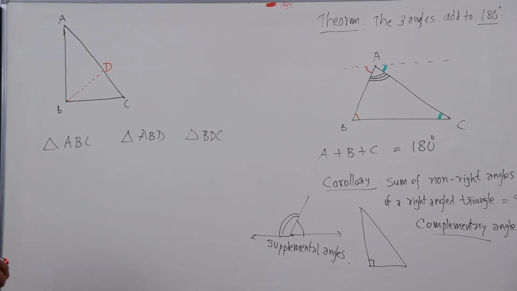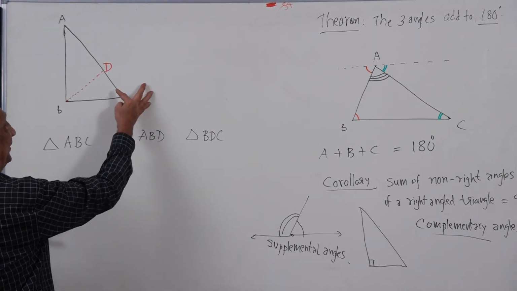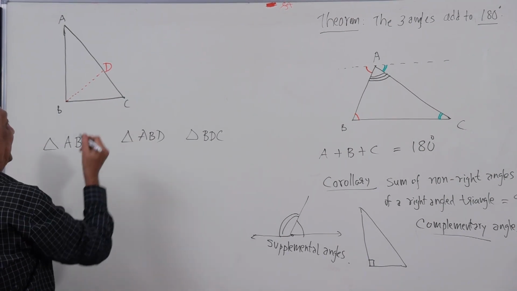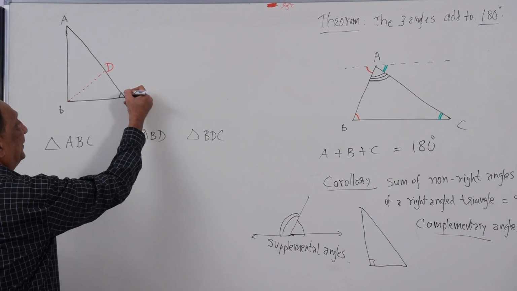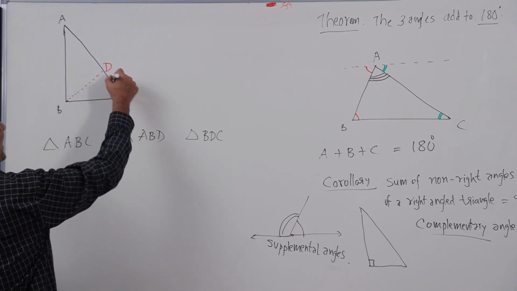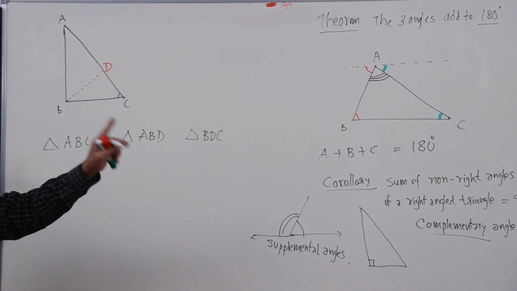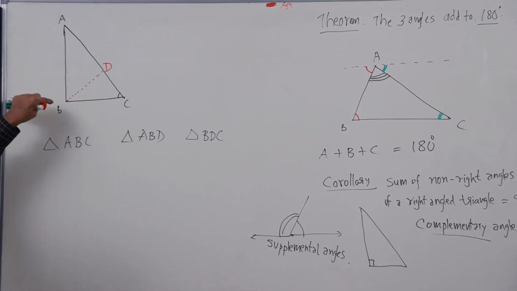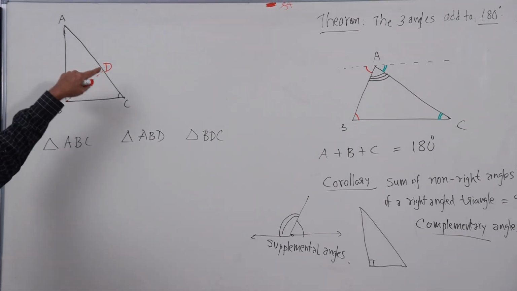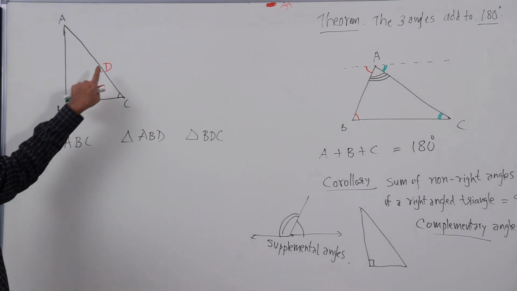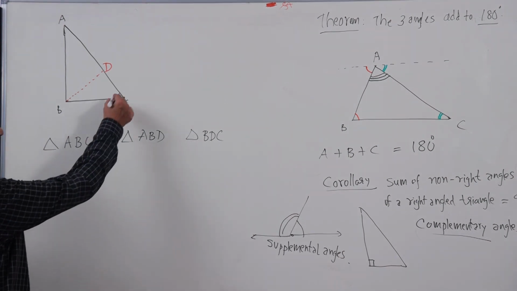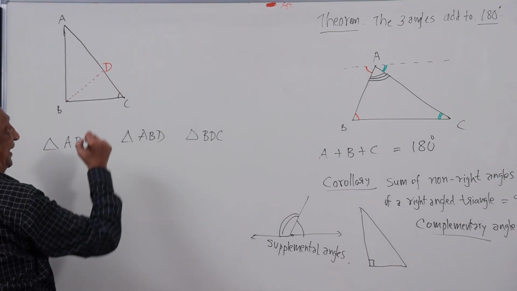If you look at the angles, for example, I have angle C, correct? This angle C is one of the angles of the right angle triangle BDC. Remember, all three are right angled: ABC is right angled at B, ABD is right angled at D, BDC is right angled at D, correct? Now, angle C is one angle of this right angle triangle.